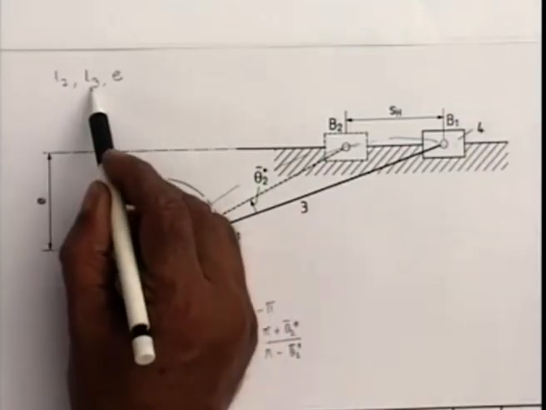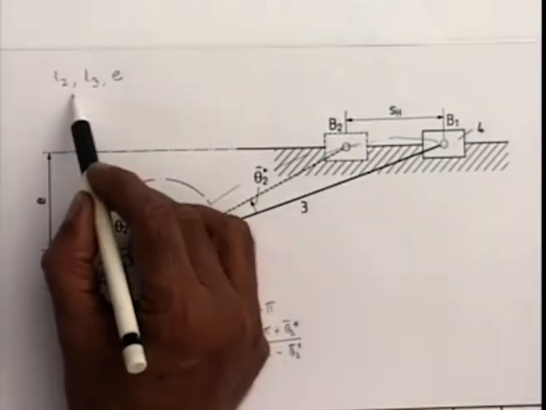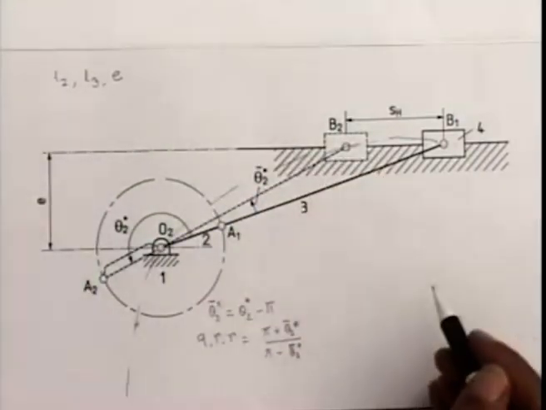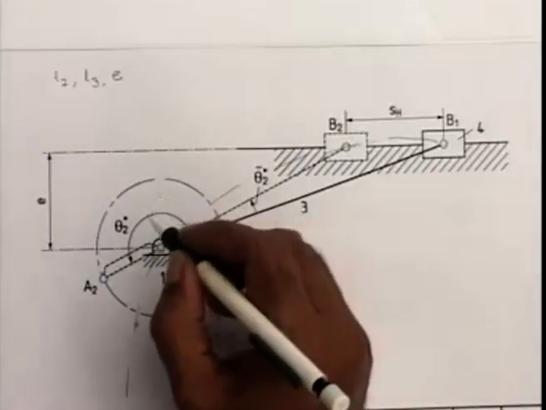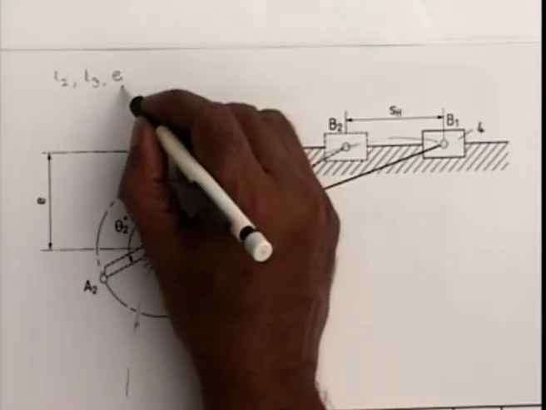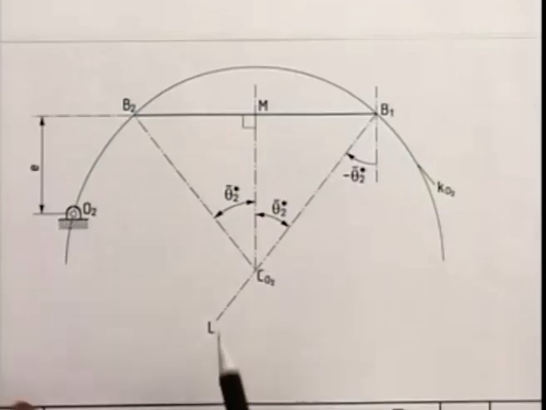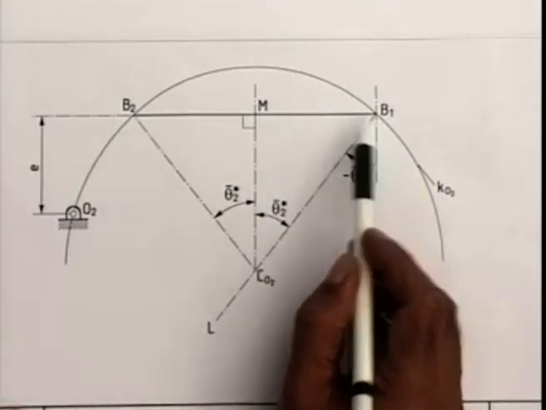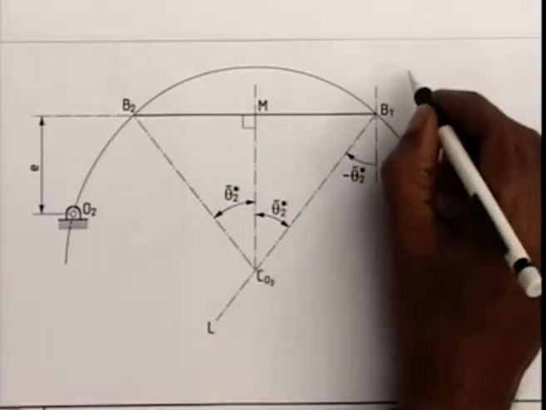First, we show geometrically how you can obtain L2 and L3 if we assume a given value for this E. We have been given the stroke length B1, B2 as SH.